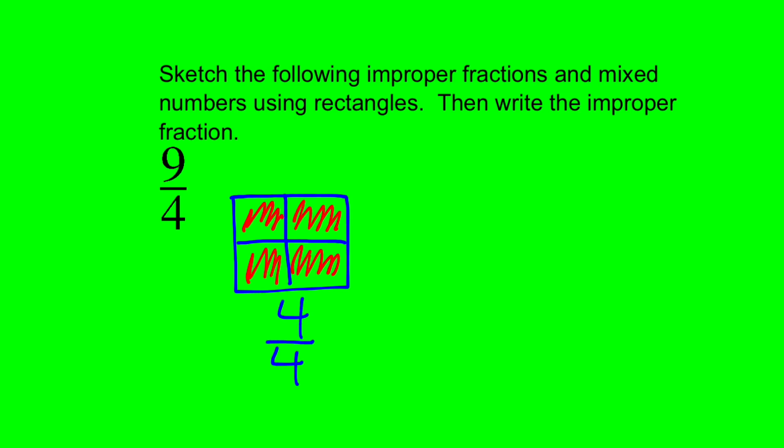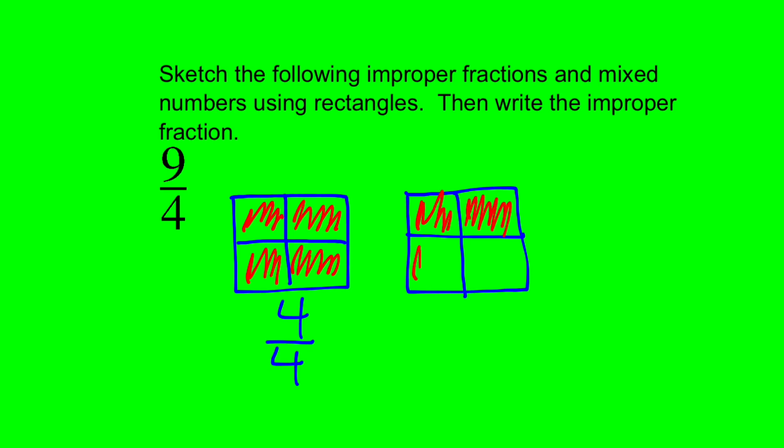Well, I need to shade in 9 parts out of 4. So I need to draw another square, the same size as possible in 4 equal parts, and I'm going to shade in 4 of these. So I've got another 4 out of 4 shaded.